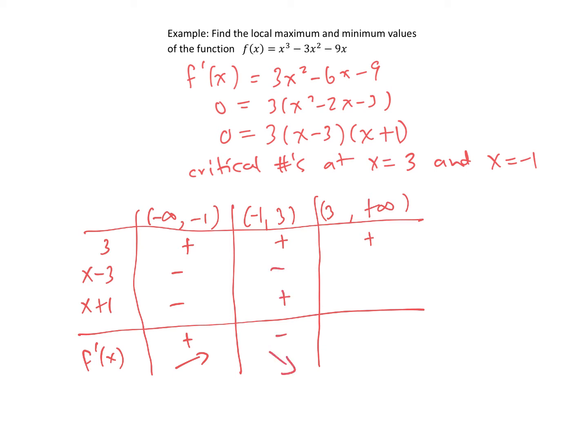We have a decreasing value, and then we picked a number bigger than 3. And then we looked at whether we had a change in sign. We have a change in sign here, which told me there was a local max, and then a change in sign here that told me it was a local min. So that was one way to find our maximum and minimum values, with our interval table.